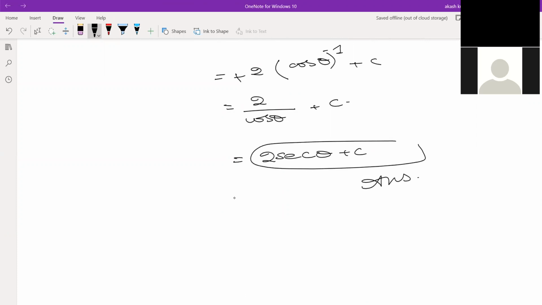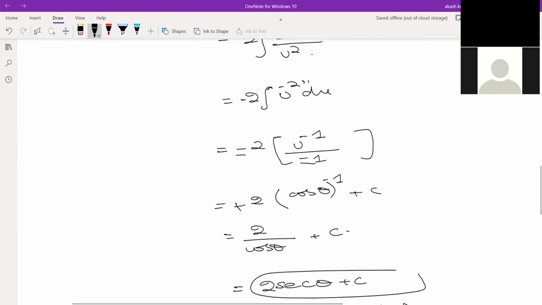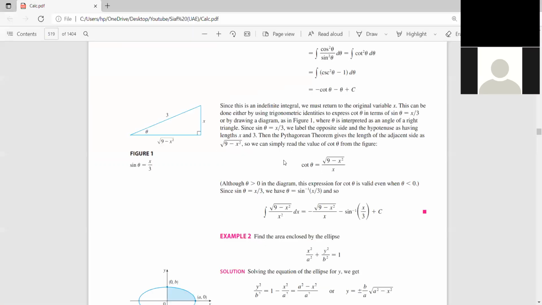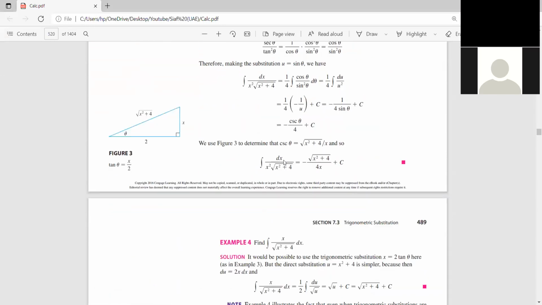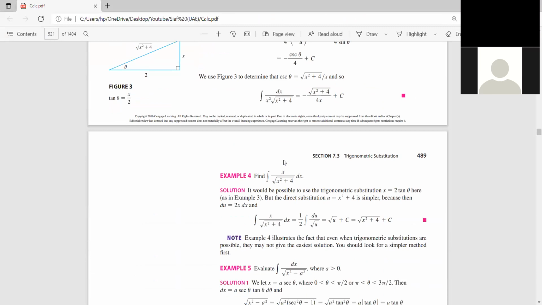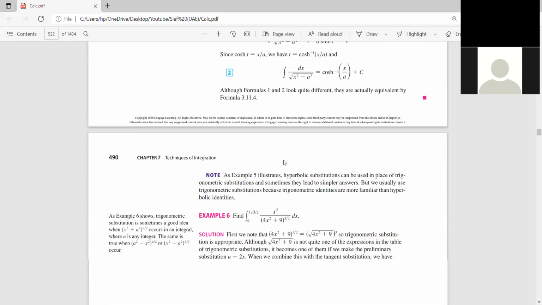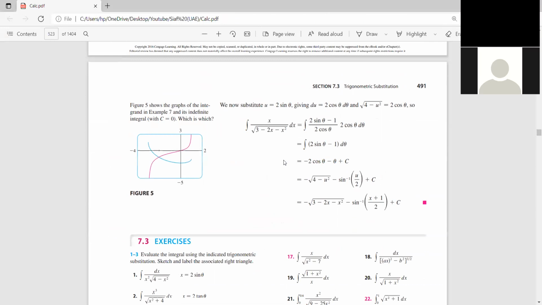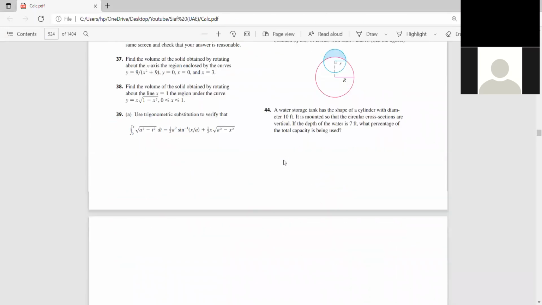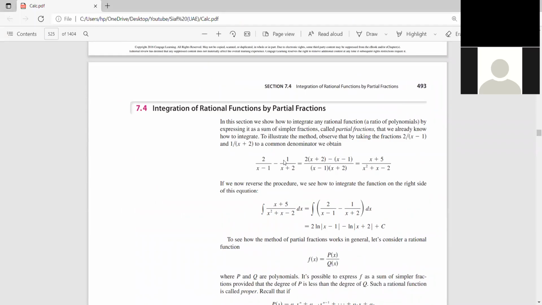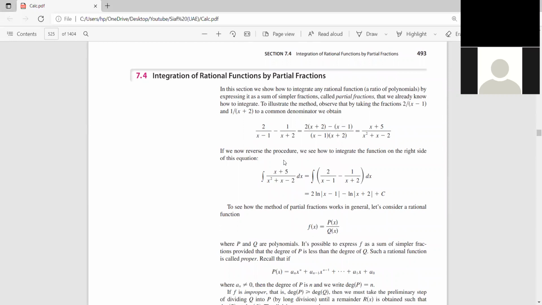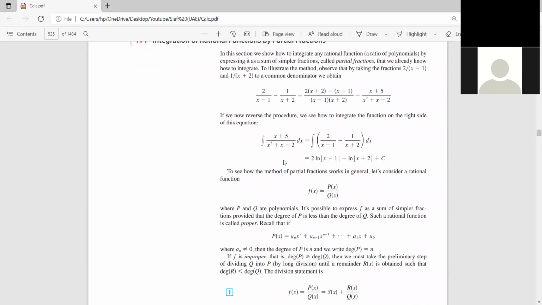Is it clear? Yes. Can we solve the examples that are left for 7.3 and then move to 7.4? Wait 1 minute, let me get back to the book. What is 7.4? Okay, integration of rational functions. I actually haven't revised this topic.